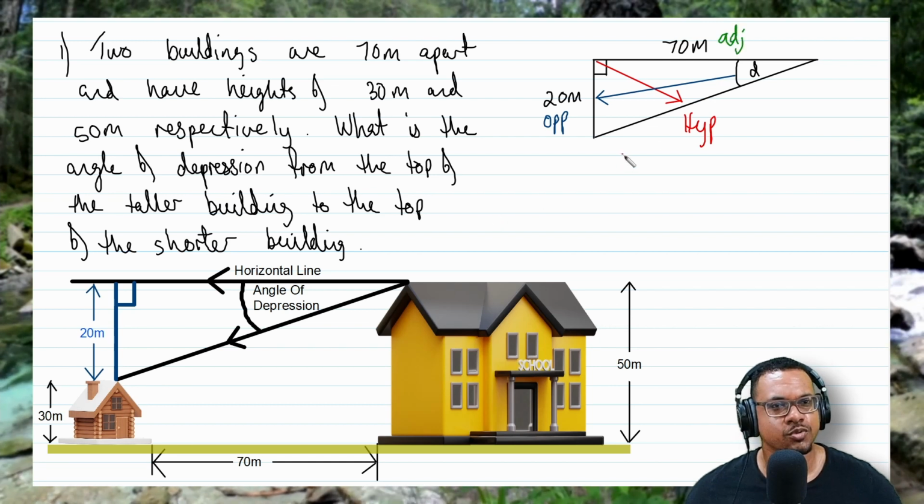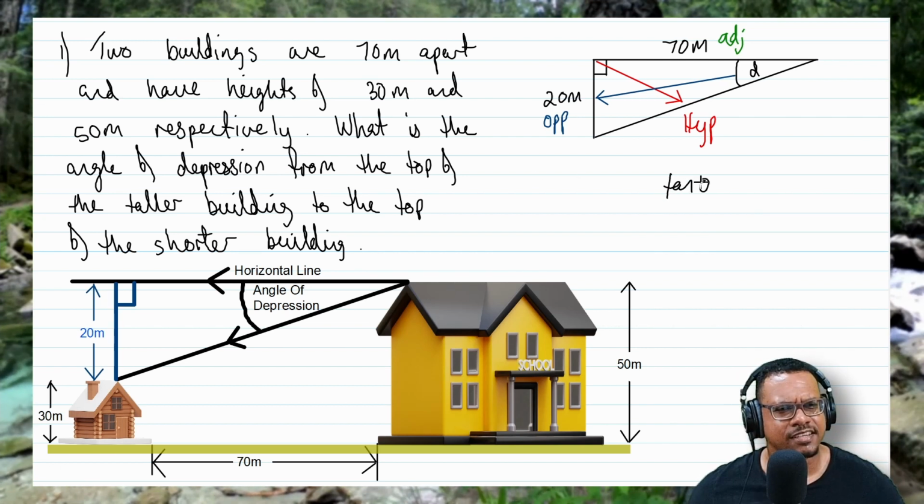So again, we say SOH CAH TOA. We have the opposite side and we have the adjacent side. So our ratio must have opposite and adjacent. And if we say SOH CAH TOA, we know that is tan. Tan is equal to opposite over adjacent. So we're going to have tan theta is equal to the opposite side over the adjacent side.